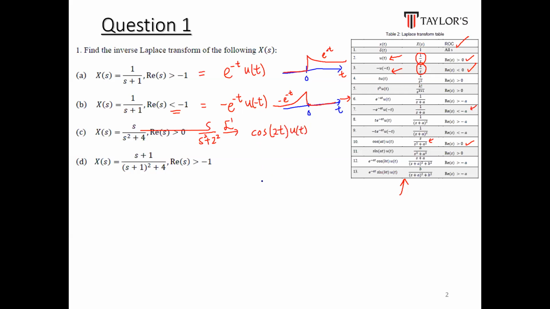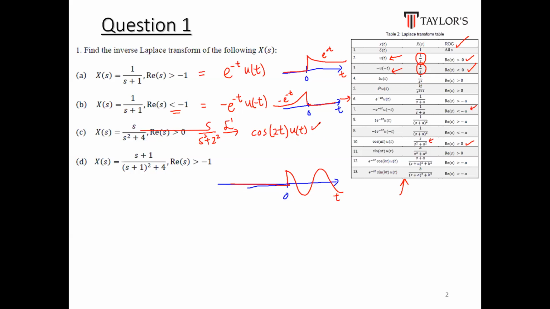All right, cosine of 2t and u(t), meaning it looks like this. This is 0. It will start at 0 only. The rest are all 0. It starts at time t equals 0 because of the u(t) here.